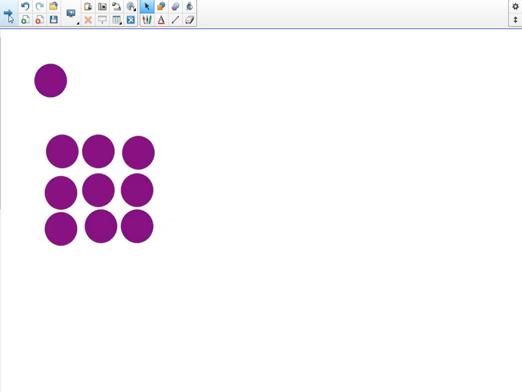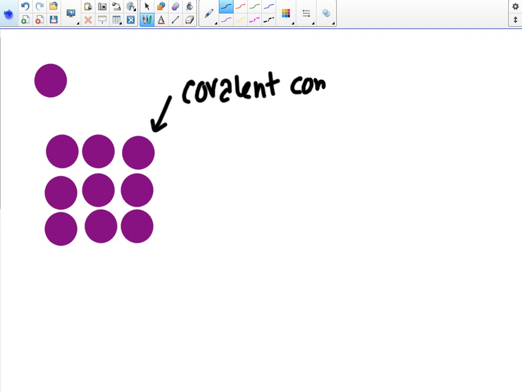Sugar is different. Sugar is a covalent compound. Imagine that these purple molecules represent any covalent compound or molecule. It could be H2O, it could be glucose, C6H12O6, it could be ammonia, NH3. Holding this purple dot together is the covalent bond.